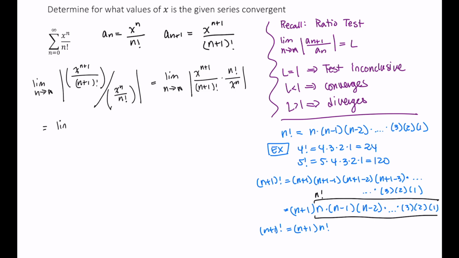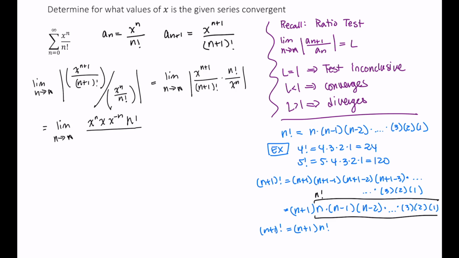So this is the limit as n approaches infinity of x to the n times x to the negative n. All I've done is split this into the product of x to the n times x. And then this x to the n, I can move it to the numerator by making the exponent negative, which I did here.